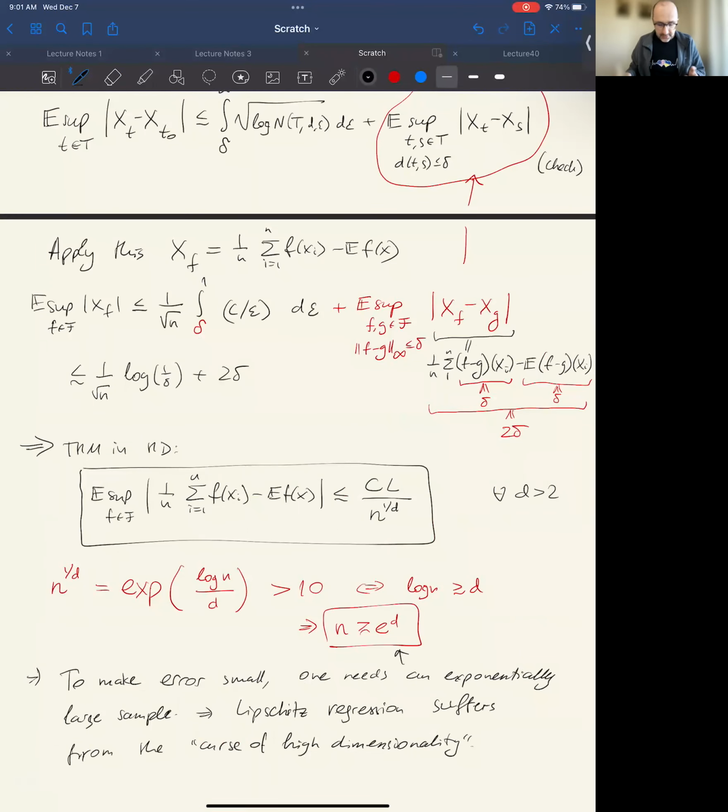Then if you optimize this, I think it will give you log n over root n with the optimal choice. So you'll have here the Lipschitz constant L, log n over n.